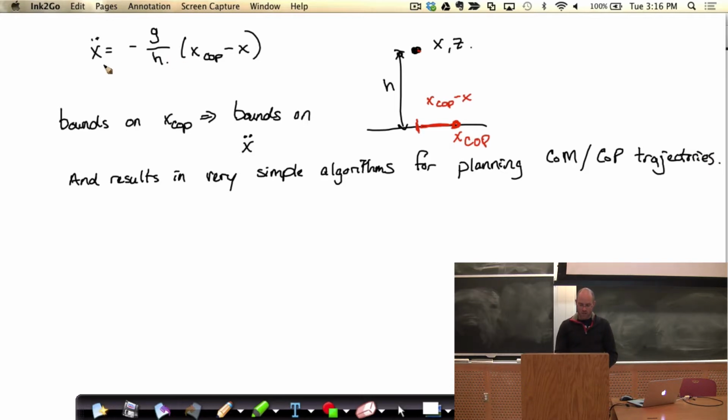Right? Because that relationship is just some linear second order differential equation.